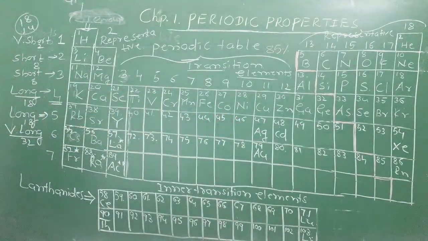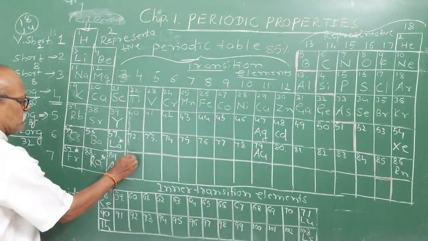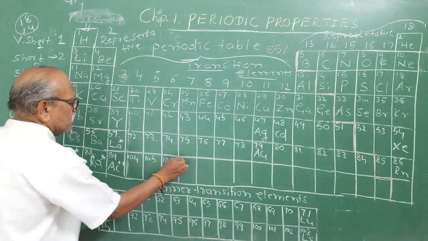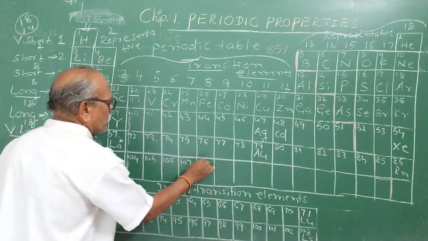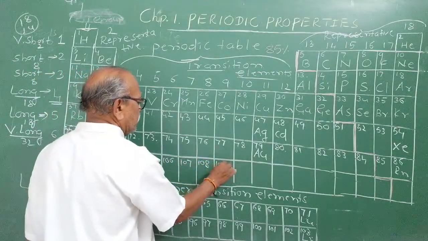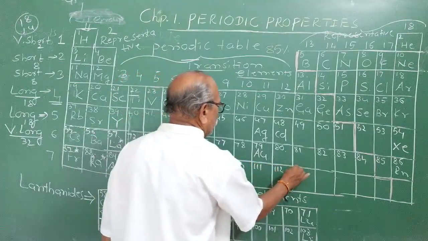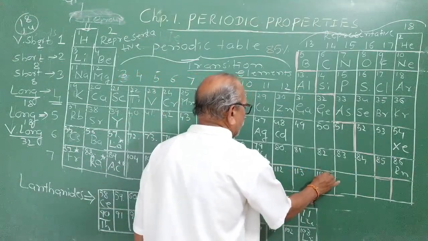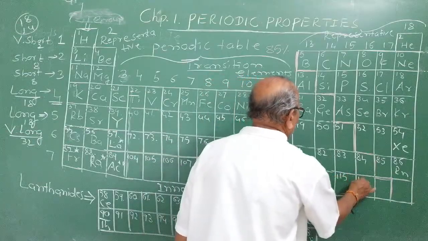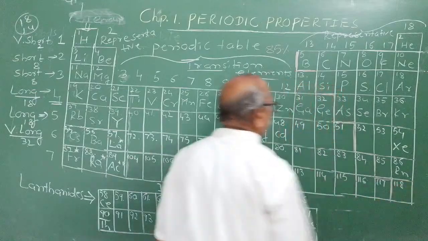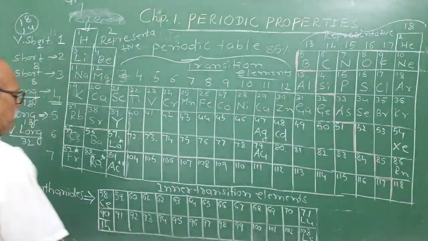After 103, here it continues 104, 105, up to 118. All 118 elements are filled already.